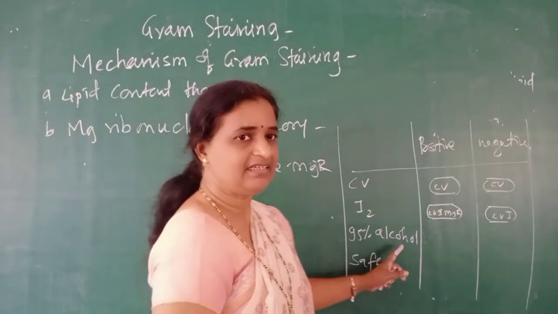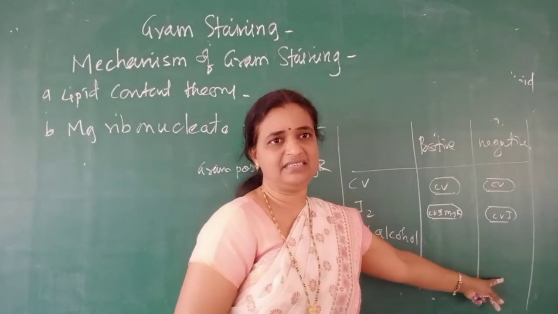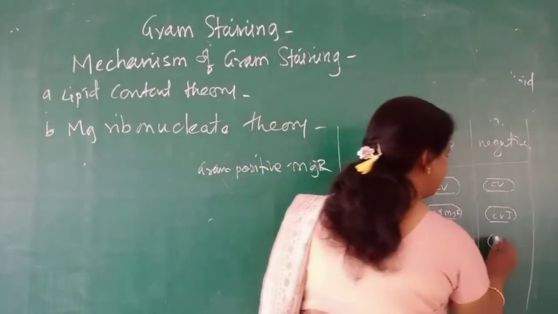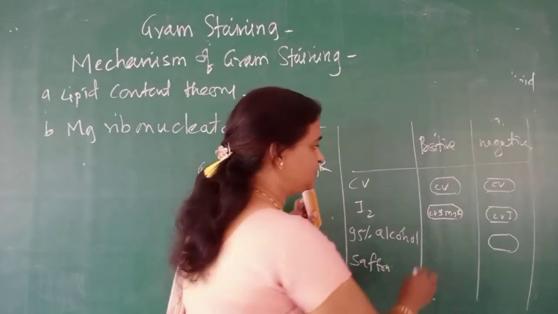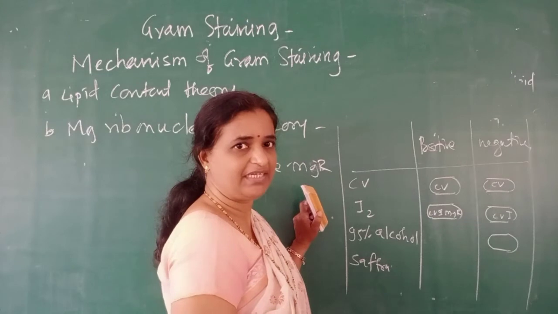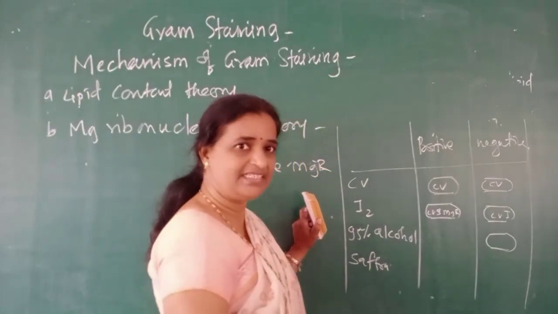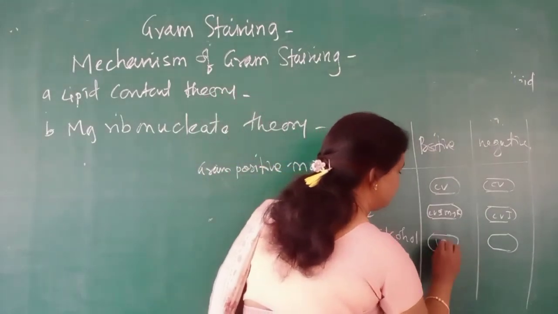Then when you apply alcohol, the CVI complex in gram negative bacteria is easily extracted and dissolved, and the cells become colorless. In gram positive, the CVI-MgR complex, the CVI magnesium ribonucleic complex, is very large. It cannot be easily dissolved by alcohol, so it remains and the cell stays violet.